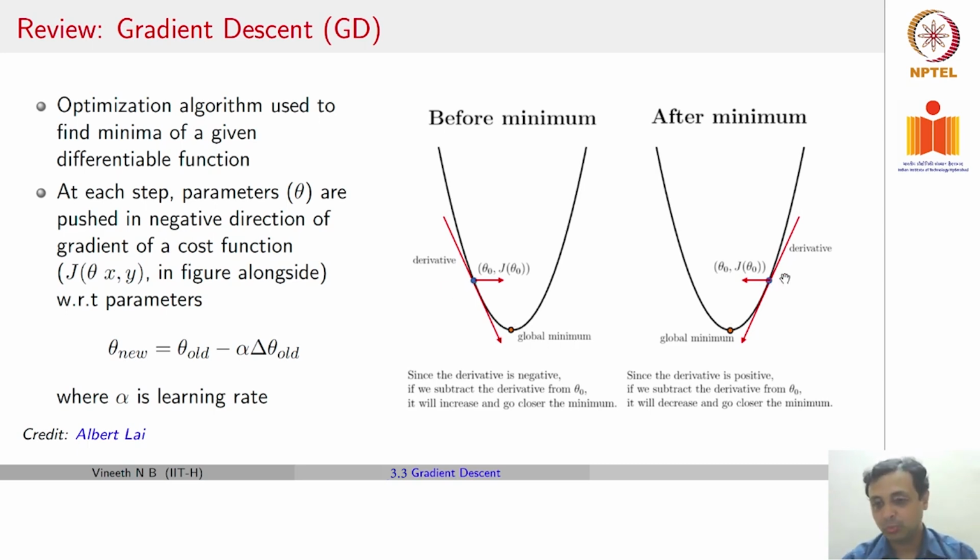If you now start at this point here on the right side, the gradient there is positive. So the negative gradient will go in the opposite direction, which will once again be towards your minimum. And this is a visual illustration of how gradient descent can be used to minimize any objective function.